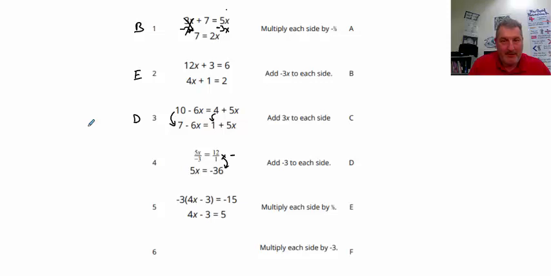We have to multiply by a negative for sure, because a positive times a negative is a negative answer. So what number times 12 is 36? That would be 3. It looks like we're multiplying by negative 3. So is there a multiply? There is. Multiply each side by negative 3 right here, but let's make sure it happens over here too.